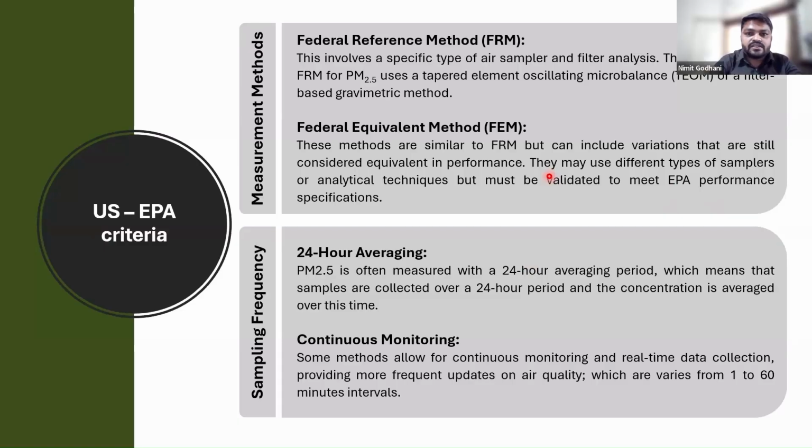There are federal reference methods and federal equivalent methods, and the sampling frequency should be 24-hour averaging. Mostly we use the 24-hour guideline you see in national standards like NAAQS and the WHO guideline. You will see that the 24-hour mean should be this cutoff and the yearly mean should be this cutoff, and continuous monitoring. Some methods allow us continuous monitoring with real-time collection.